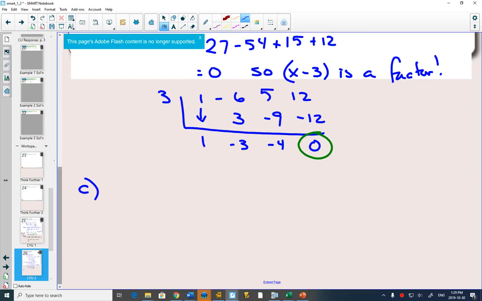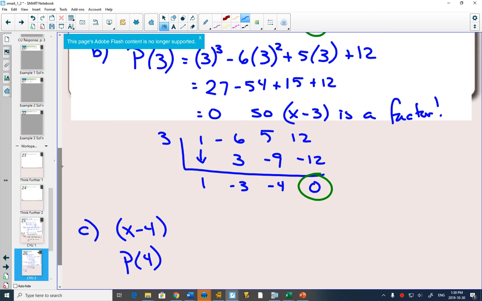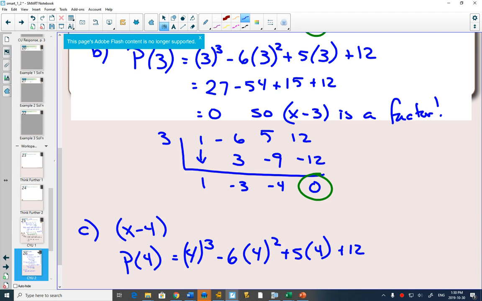Part C says check x minus 4. So then you would plug in 4 into the equation. 4 cubed minus 6 times 4 squared plus 5 times 4 plus 12. 64 minus 96 plus 20 plus 12.